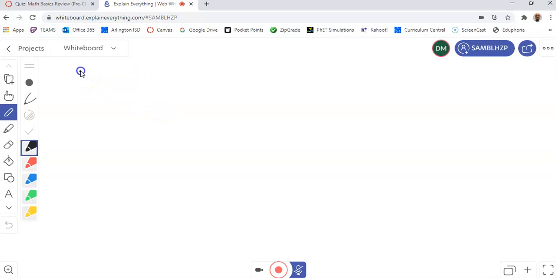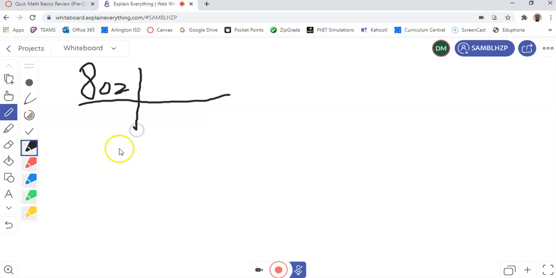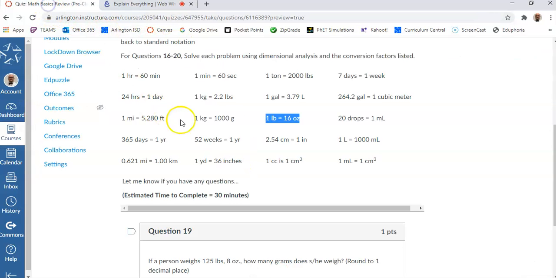So first off, 8 ounces is how many pounds? So we're going to write 8 ounces. We're going to draw what I call a railroad track and then a railroad tie, and we're always going to put what we have over 1. Now, 1 pound is 16 ounces.